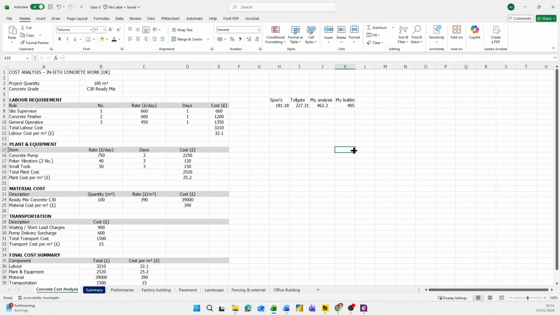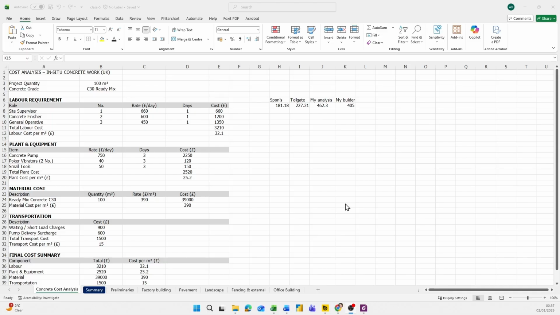Then the price can almost be copied and pasted, and you just need to increase some inflation, maybe 3 or 6%. That's enough.